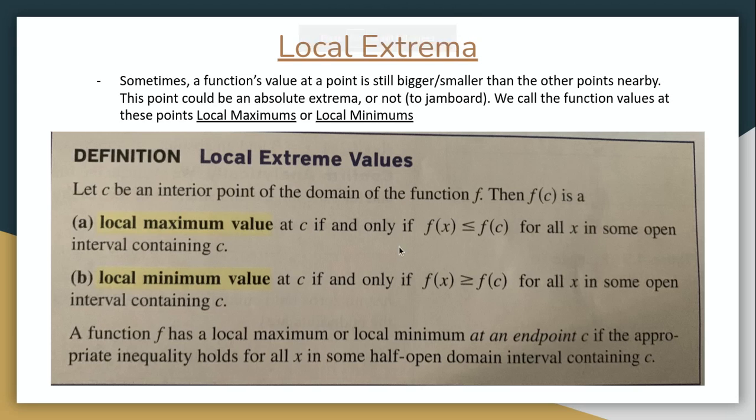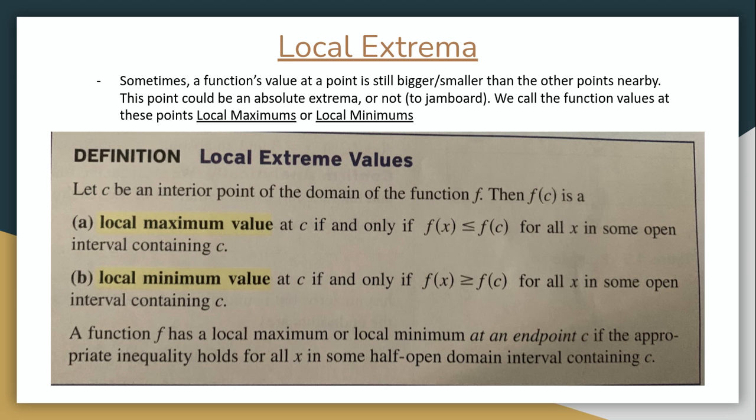Okay, cool. So I'll read the definition again in the textbook. It's confusing, but if you explain it, it'll make sense. Sometimes a function value is bigger or smaller than all the other points nearby. This point could be an absolute extrema or not, like we outlined before.